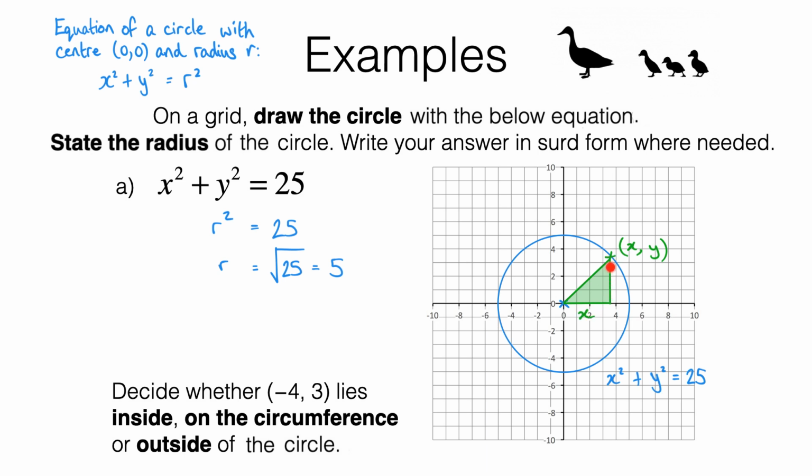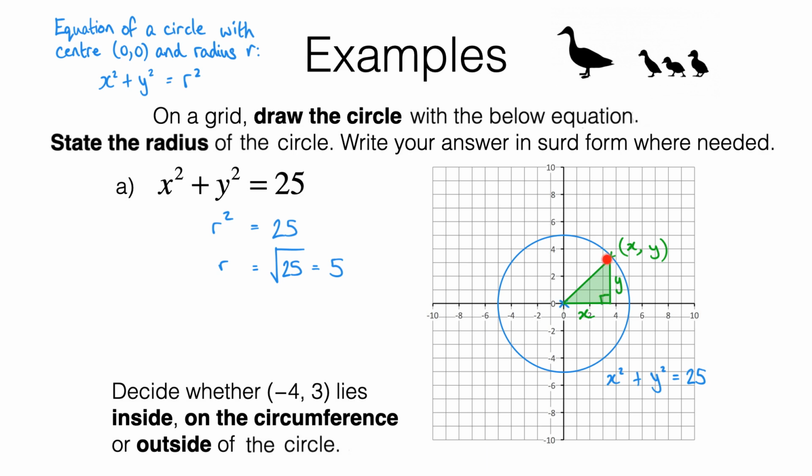And this length here is simply y. It tells you how far up you need to go in the y direction to get from the x-axis up to the point on the circle. So the length of that side is y. The third side of the triangle is the hypotenuse. It is the longest side. It is the one that is opposite the right angle.